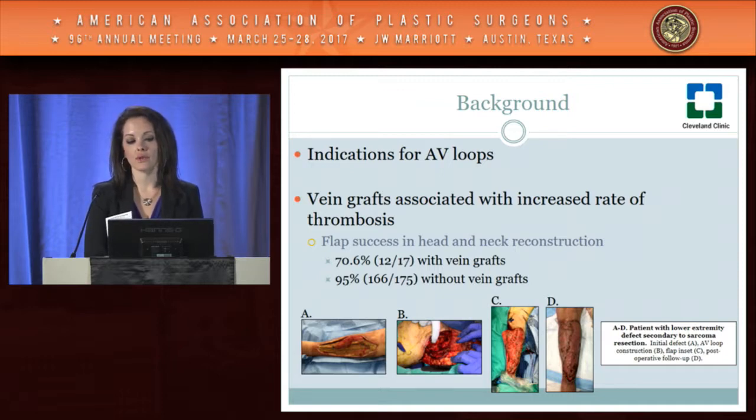However, vein grafts are associated with an increased rate of thrombosis. One study, specifically looking at head and neck reconstruction, found a much higher failure rate when vein grafts were utilized. These patients had a higher rate of irradiation, somewhat confounding this result. However, there still is anecdotal evidence that head and neck reconstruction and other types of free flaps have higher incidences of thrombosis with vein grafts.